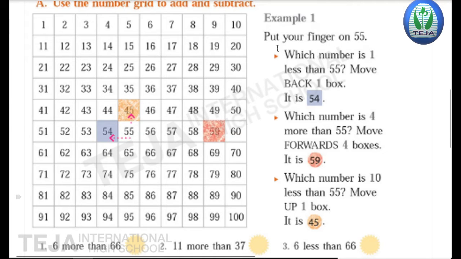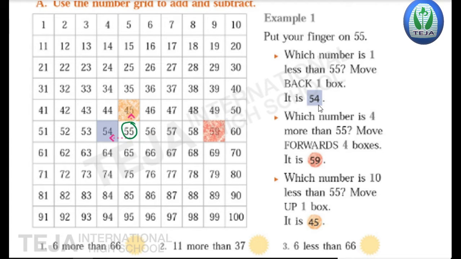Example 1. Here read the text. Put your finger on 55. So where is 55? Here 55 is there. Now the question is, which number is 1 less than 55? To find the number 1 less than 55, we have to move back one digit.